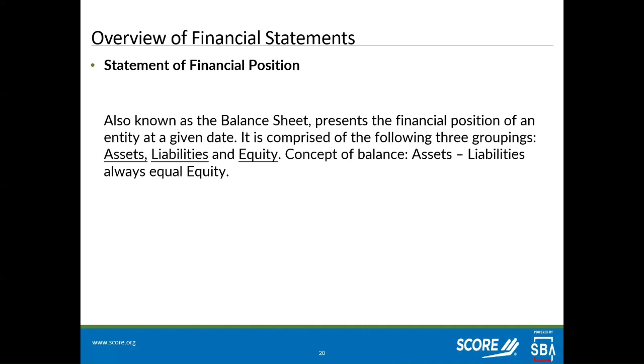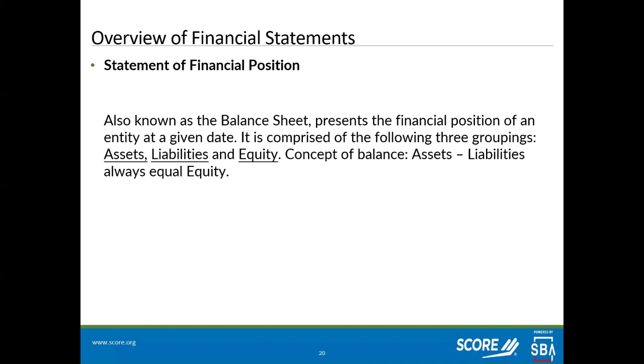It's now more referred to as a statement of financial position, and it includes three groupings of accounts, which are categories of transactions within your books or your bookkeeping. Assets: a truck, inventory, receivables, a patent, trademark.